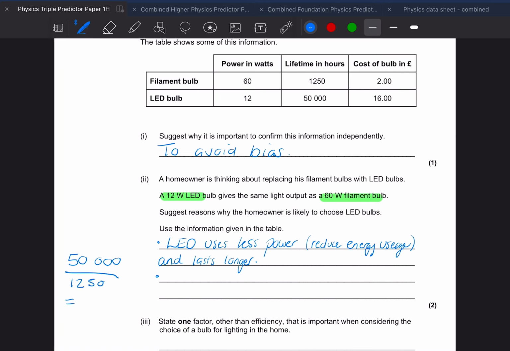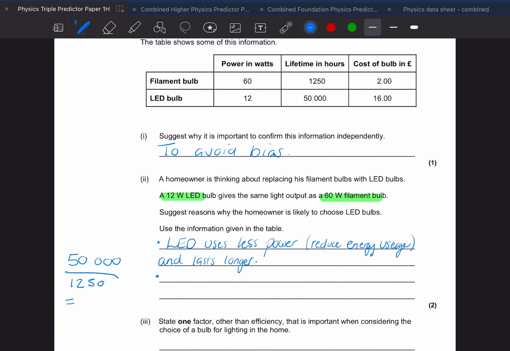All right, and we've got a cost on this. Let's figure out how much that would cost. So one LED is £16. Whereas our 40 times, well, each one is £2. We've got 2 times 40, which is 80 quid. So £80.